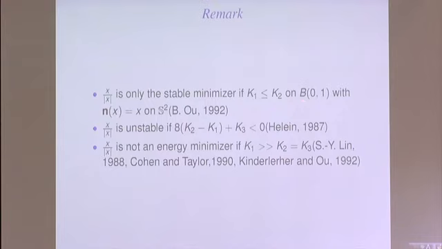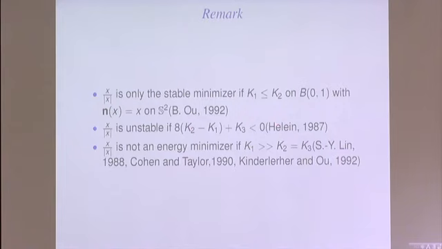So in that case, they consider the domain omega as the unit disk with these boundary conditions, and if K1, K2, K3 satisfy these conditions, then this one is unstable. This is not a minimizer. That was proved by Hélein, 1987.